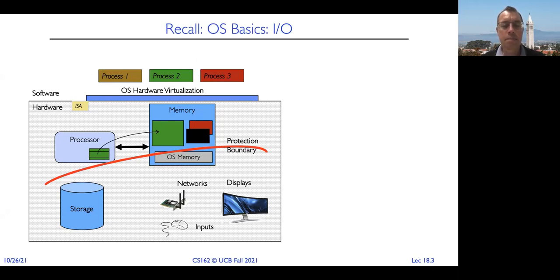Okay, and if you remember, this is a figure we have shown a few times in the past, and here this protection boundary, which is down here, also abstracts away these input-output devices.